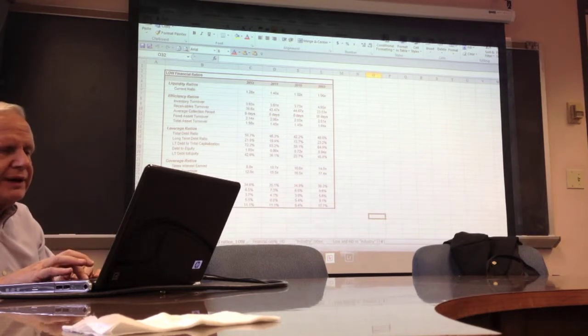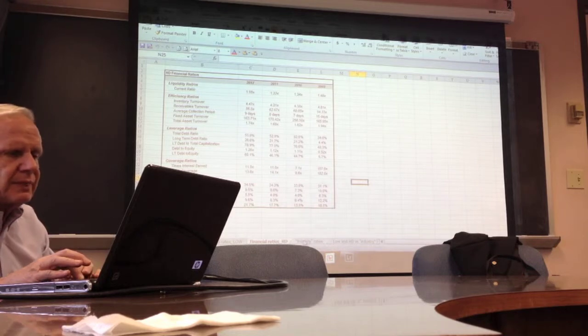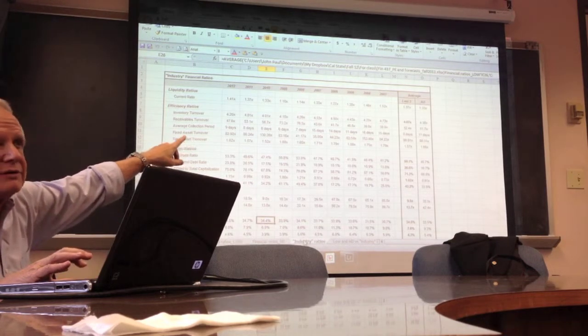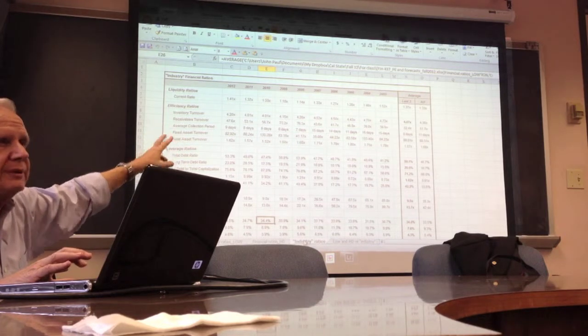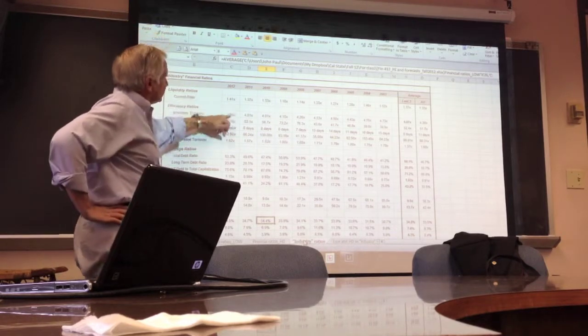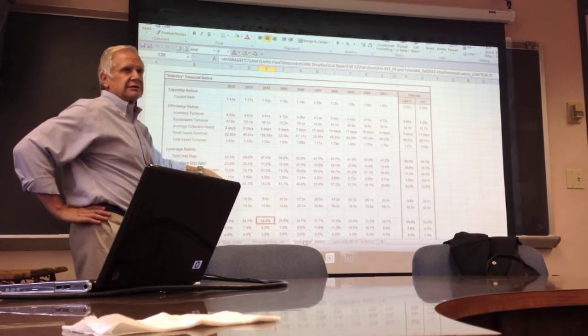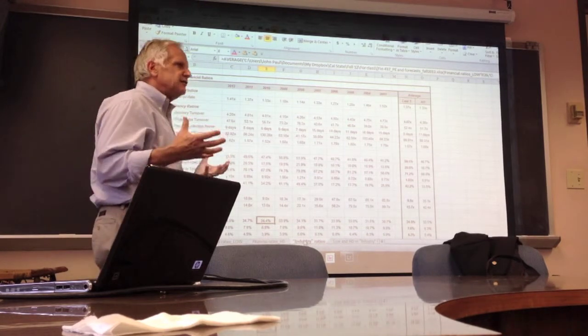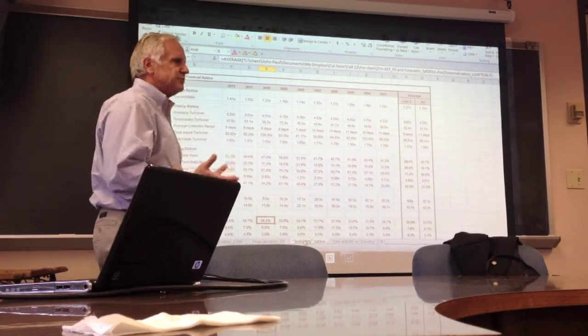And simply by taking the average of the financials for those two companies, you can get what the industry benchmark is. When you compare something to an industry, you're comparing it to a benchmark.